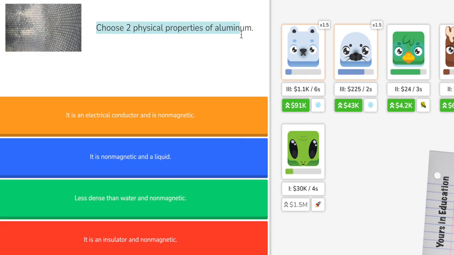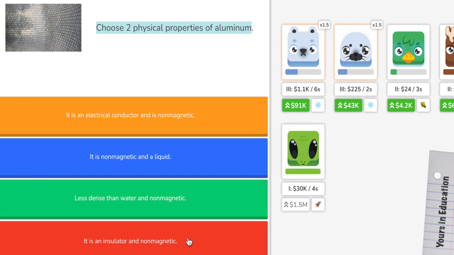Oh my God, my tongue. Choose two physical properties of aluminum. It is an electrical conductor and it's non-magnetic. I know that it's non-magnetic. It is non-magnetic and a liquid? Definitely not. Less dense than water and non-magnetic? No. An insulator and non-magnetic?